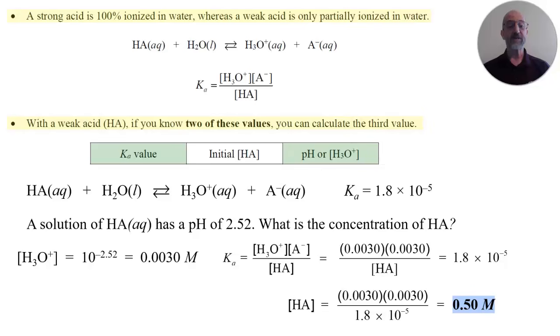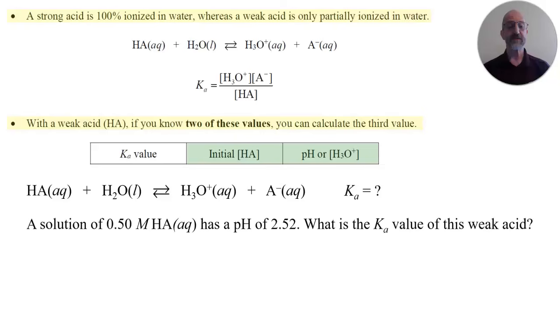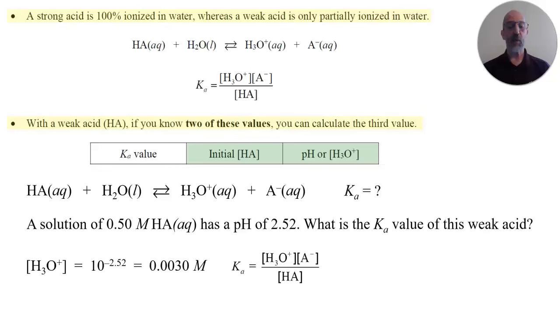Now, suppose that we don't know the Ka value. The question might look like this. A solution of 0.50 molar HA, a weak acid, has a pH of 2.52. What is the Ka value of this weak acid? So there's my Ka expression. I've got 0.0030 molar for the numerator for both the hydronium ion and the A- because I did 10 to the minus pH, or 10 to the minus 2.52.